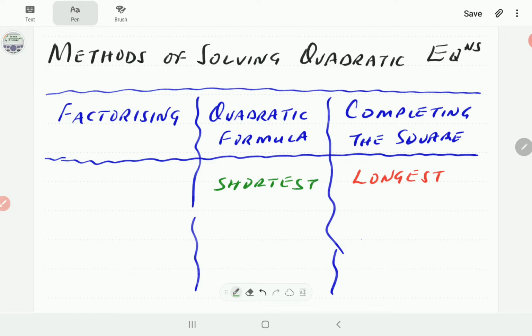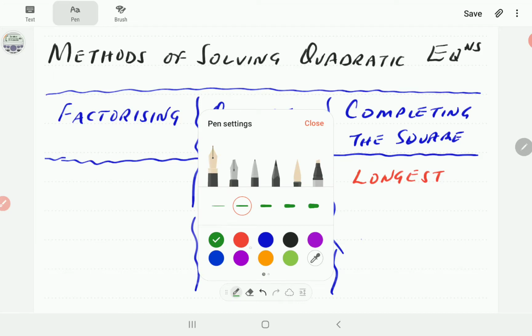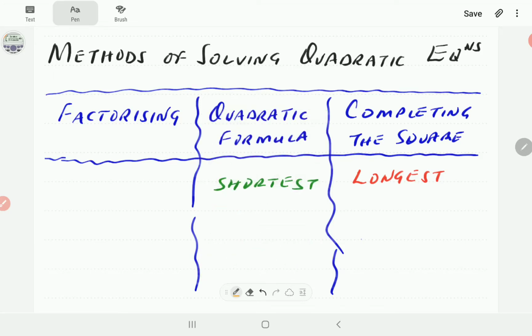I've already said the quadratic formula is the shortcut of completing the square. And factorizing is going to be in the middle of the two of them.